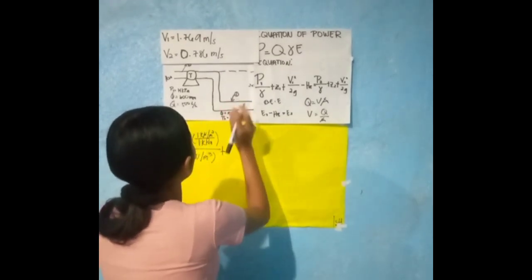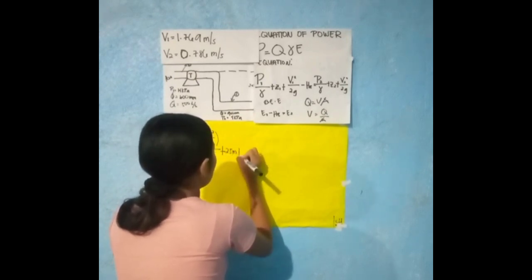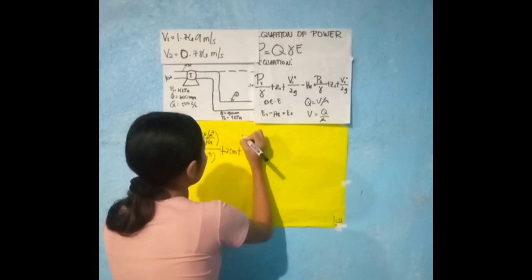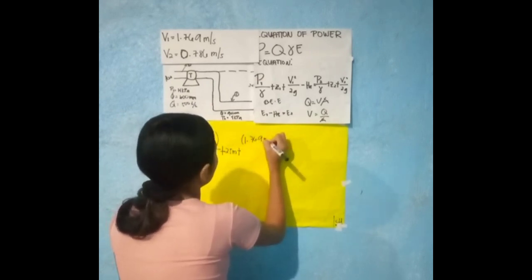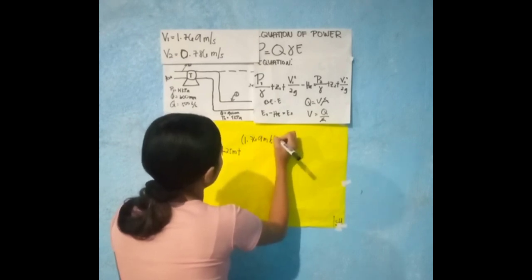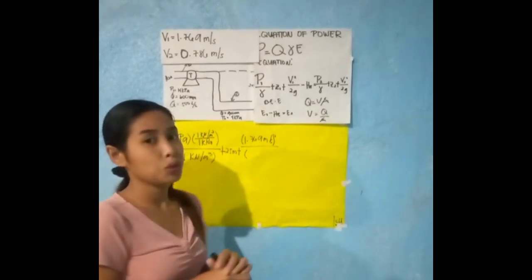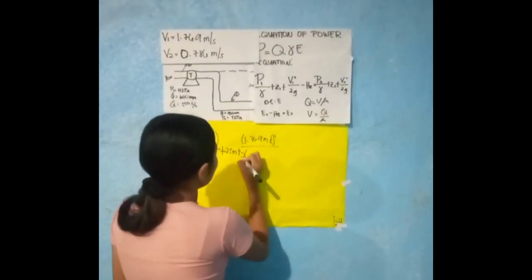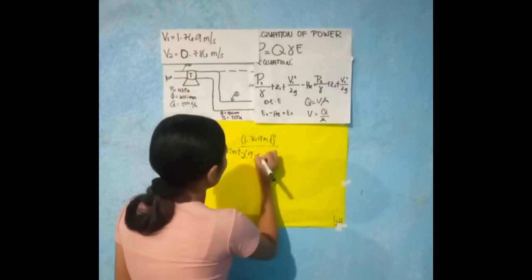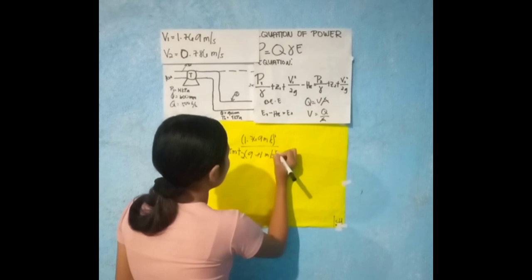Our Z1 is equal to 2.5 meter, plus our velocity in point 1, 1.769 meter per second squared over our acceleration due to gravity, which is 2 times 9.81 meter per second squared.